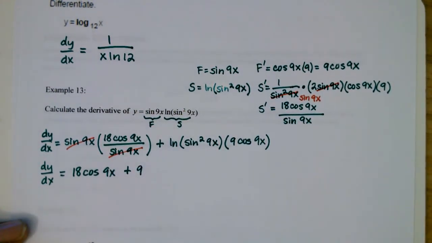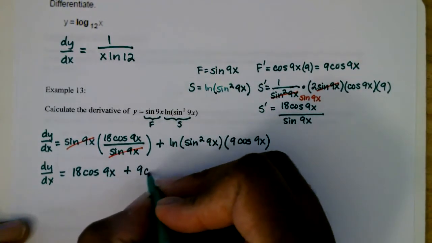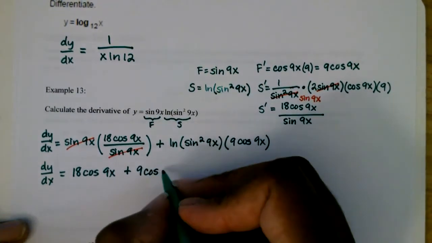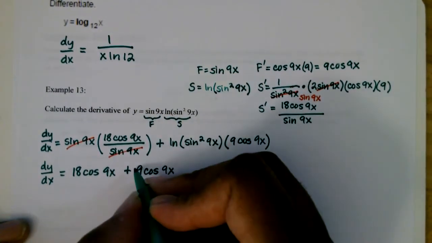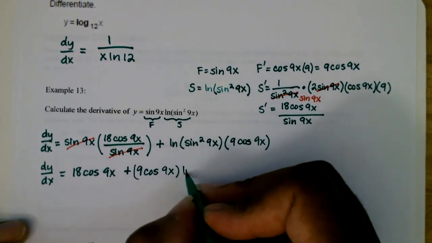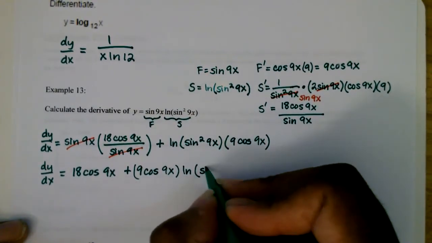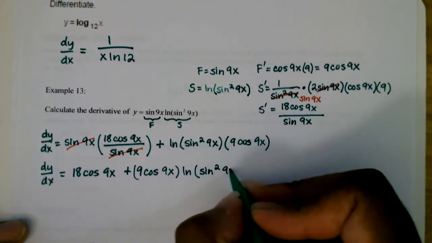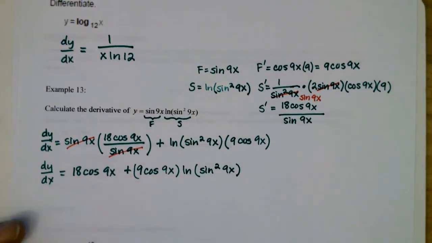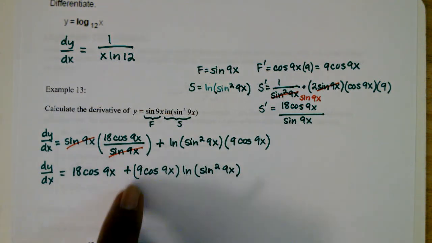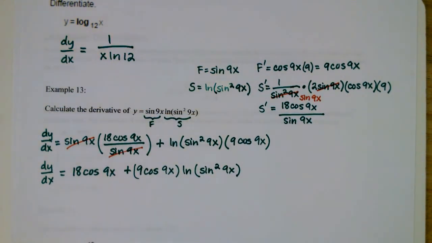Let me see, I can pull the 9 cosine of 9x in front. And then that's going to be multiplied by the natural log of the sine square of 9x. And that would be as far as I can go with that problem. I don't think I can take that any further. Unless I want to factor out 9 cosine of 9x, I could.